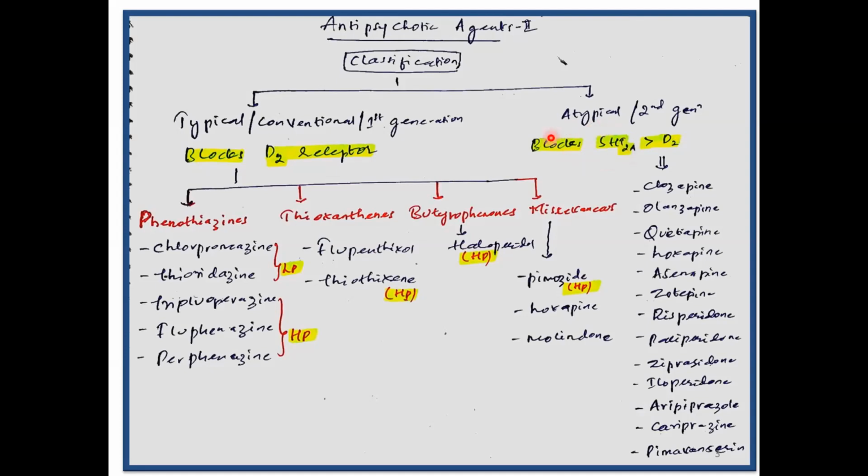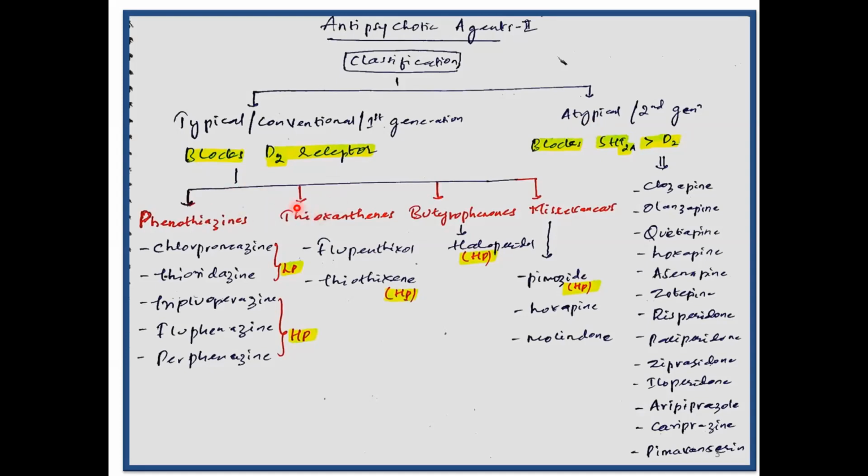The other reason is the affinity potential: since there is a lesser potential to block the D2 receptors with atypicals, there is a lesser chance of extrapyramidal symptoms, as well as a lower tendency to cause hyperprolactinemia. So that is the other reason why they are called atypical antipsychotics.